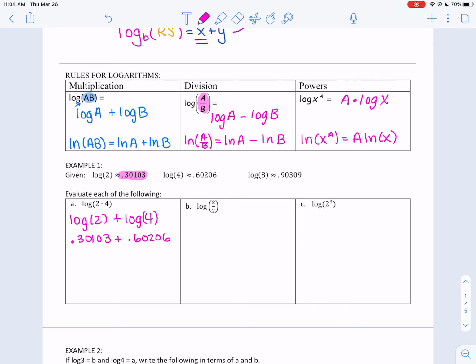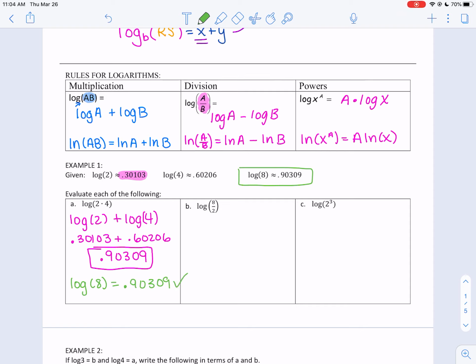If you add those two expressions, you do wind up with 0.90309. That actually makes sense, because if I took the 2 and the 4 and I multiplied them initially without separating them, that would give me 8. And if you look at the approximation right over here, log of 8, that is equal to 0.90309. So it does work.